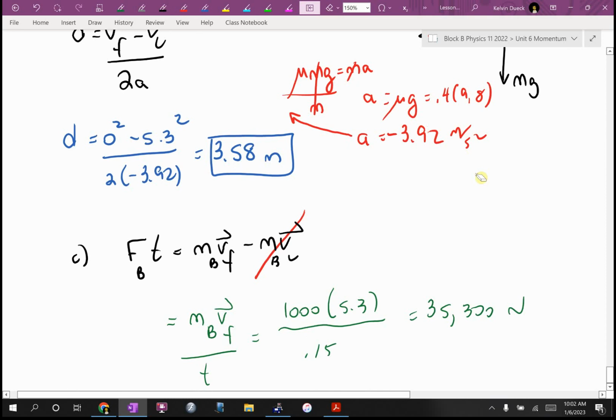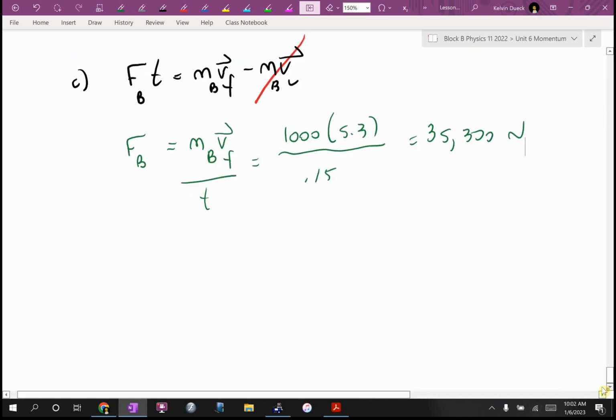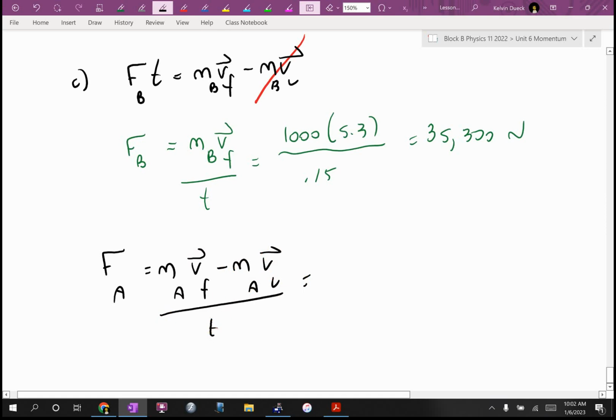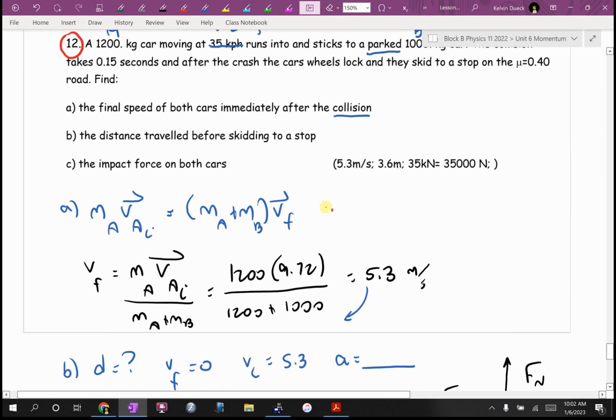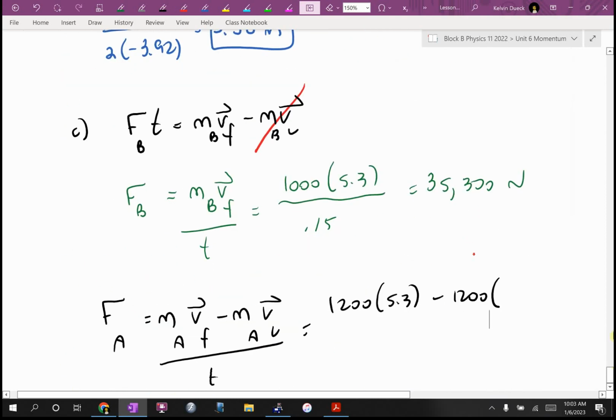By the way, it doesn't matter which car I find the force on, because forces come in pairs. Could have found the force on car A as well. If you did car A, it would look like this. The force on car A would be the mass of A velocity final minus mass of A velocity initial divided by t. The mass of car A was 1,200. Its final velocity was 5.3 minus 1,200 times its initial velocity, 9.72, all over 0.15.